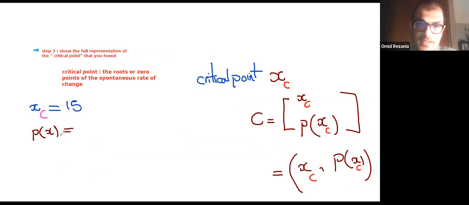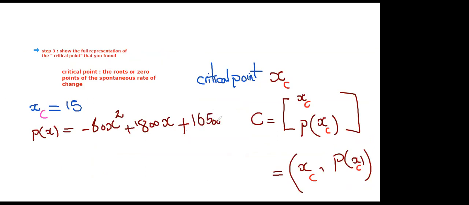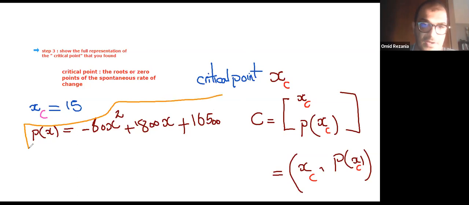The p of x was minus 60x squared plus 1800x plus 1615, correct? Yes. That was our initial model that we started with.